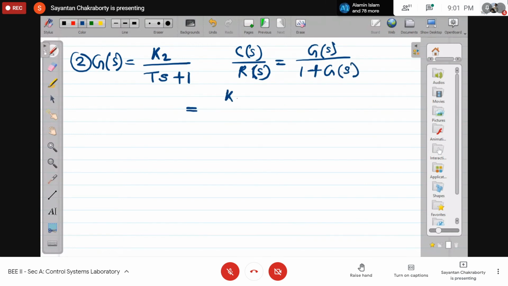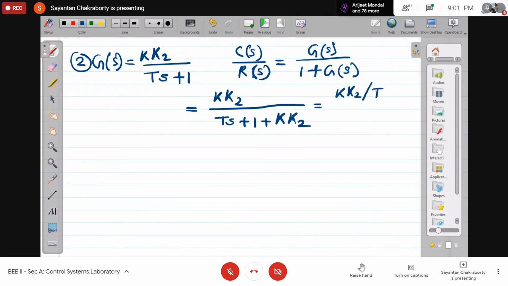Obviously, there will be a gain K over here. So your upper term will be KK2 by TS plus 1, plus KK2 by T.